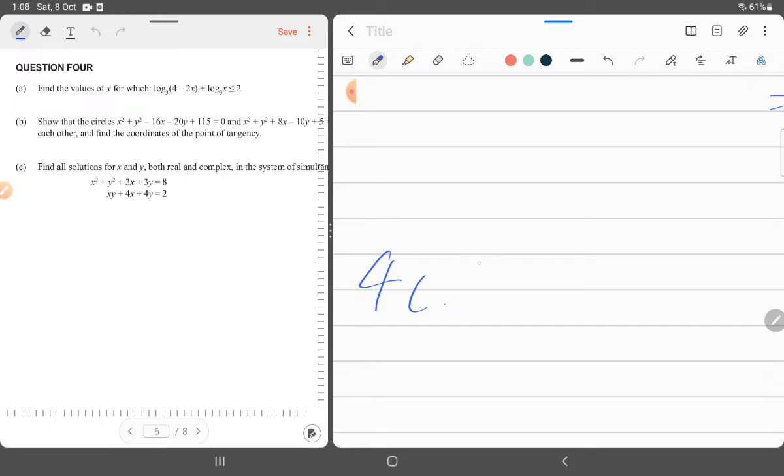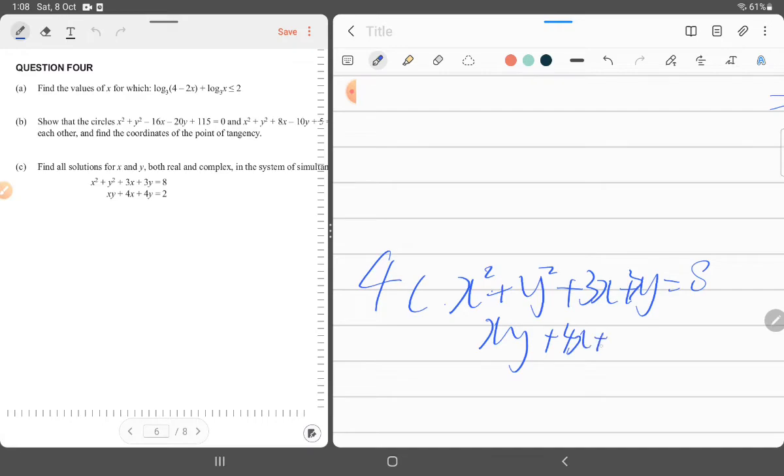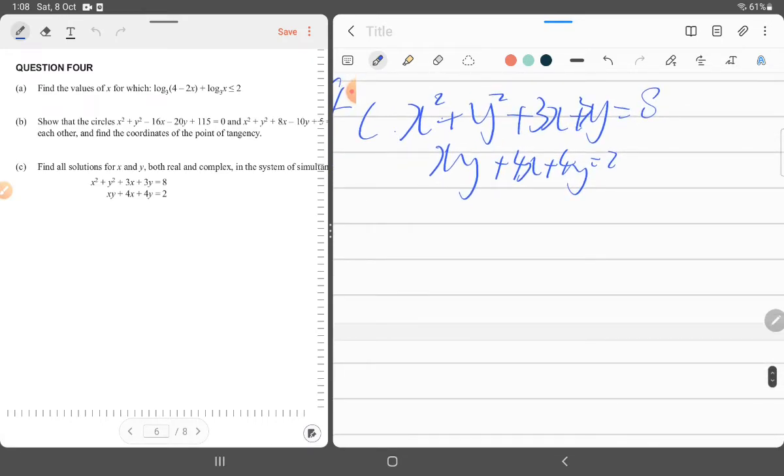Okay, so I think x squared plus y squared, xy plus... I think we want to create as many squares as possible, so we multiply the second equation by 2 and add it to the first.